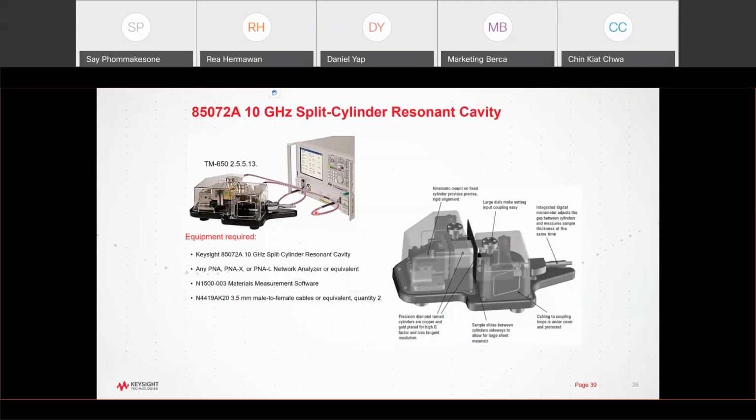So the resonant cavity method. Basically, this is one of the fixtures that Keysight provides, and this is the TM number, which is the standard used to design this fixture, and sometimes the particular material you need to measure requires certain standards. Okay?